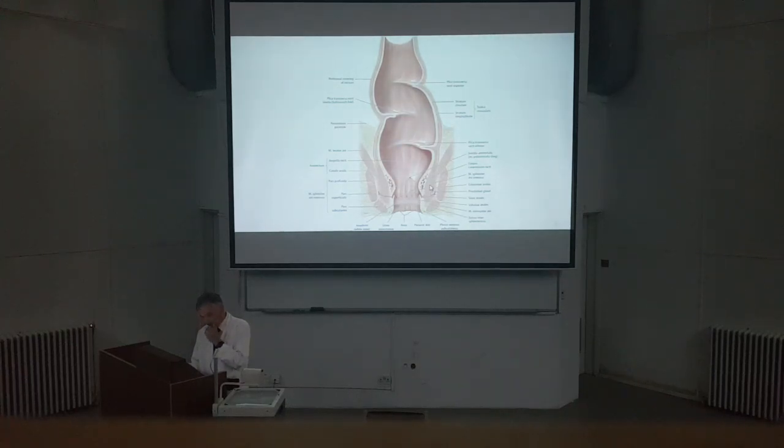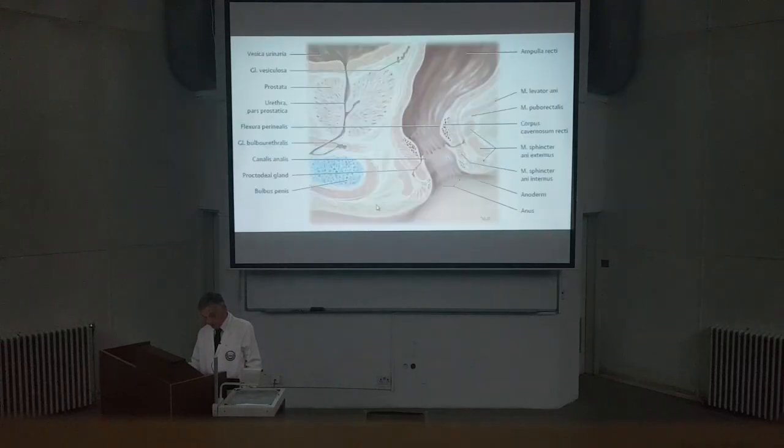The internal sphincter, which is the continuation of the inner circular, and the external sphincter, which is skeletal. These are the folds of the rectum, and these are what are called columns of Morgagni, and this is the anal canal.